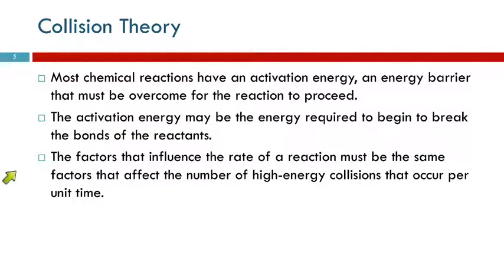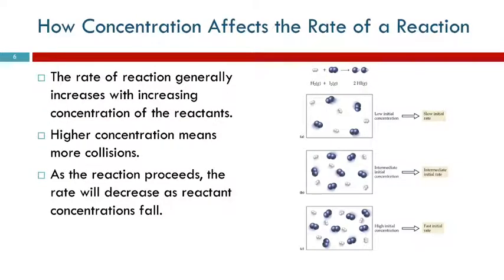We observe that the factors that influence the rate of a reaction are the same factors that affect how many high energy collisions occur in a given unit of time. So one of the factors is concentration.